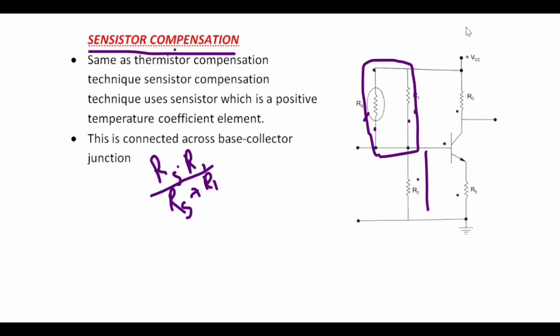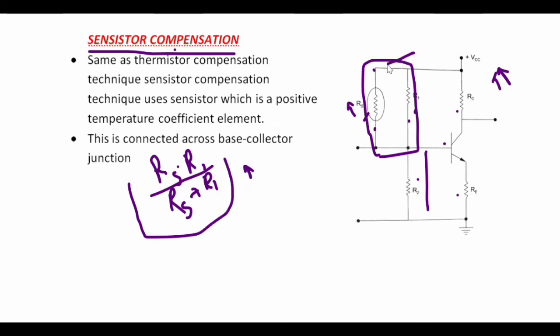Now let us see how it works. If the temperature increases, collector leakage current also increases, that means IC also increases, and the resistance of RS increases, so the equivalent resistance also increases.